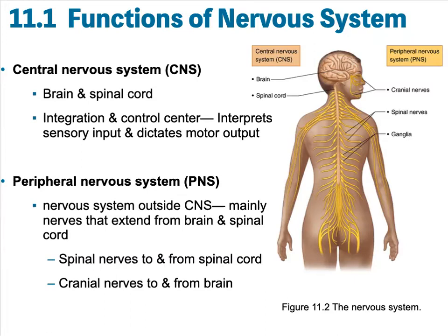So our peripheral nervous system consists of mainly nerves and ganglia. Spinal nerves carry impulses to and from the spinal cord, whereas cranial nerves carry impulses to and from the brain. And these peripheral nerves are important as they serve as communication lines that link all other parts of the body to the central nervous system.